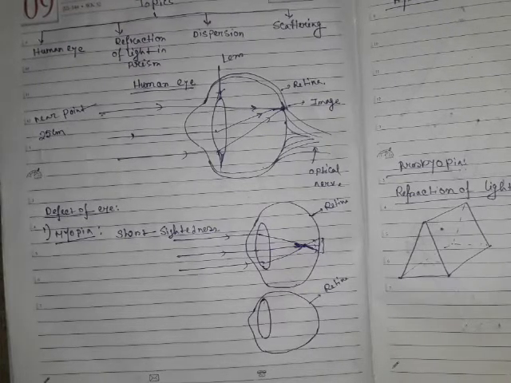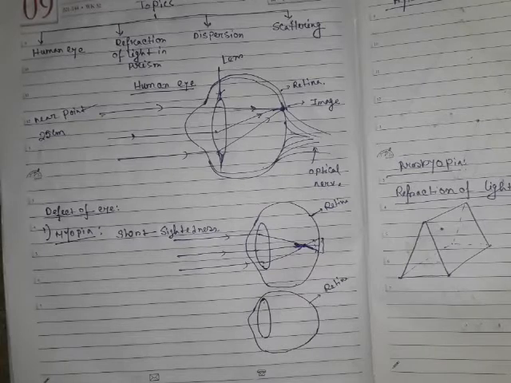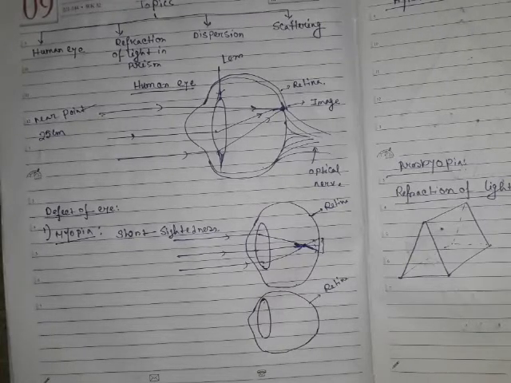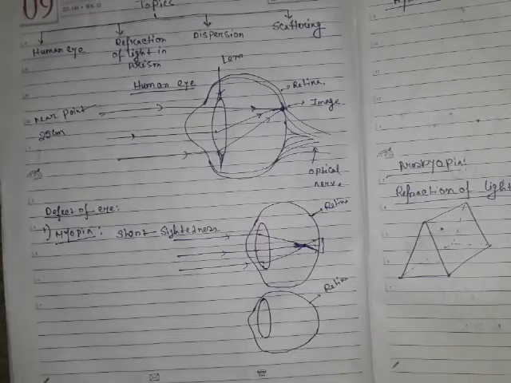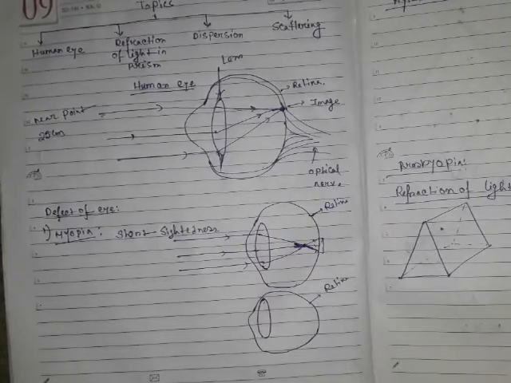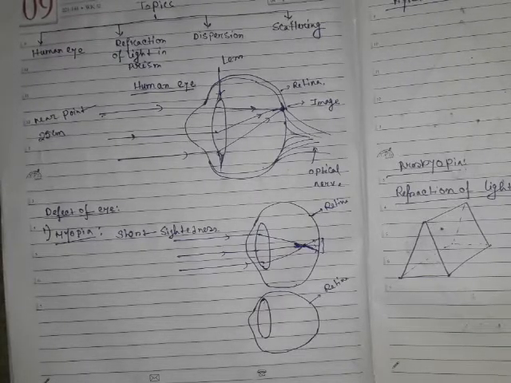So this is actually due to converging the light in front of the retina. Now how can we correct this?